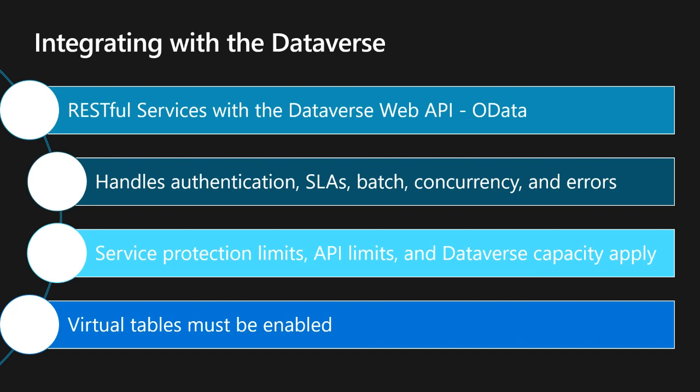You will still need to consider service protection limits, API limits, and Dataverse capacity when using the API for your integrations. In order to leverage the API and integration points that are documented, you'll need to enable the virtual tables for the data that you are using.